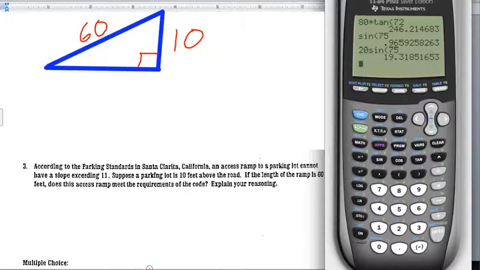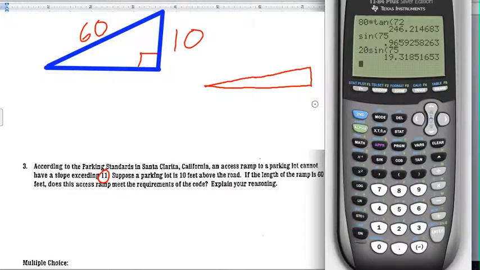So here's something I should point out. There's a number in the question that we're not using, which is the 11. What this question is really saying is, think about it this way. If you were building a ramp for someone with a wheelchair, you would not have a problem with a handicapped person rolling their wheelchair up something this steep. That's probably okay.